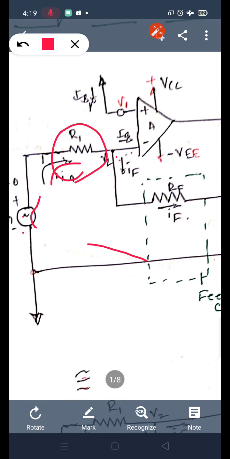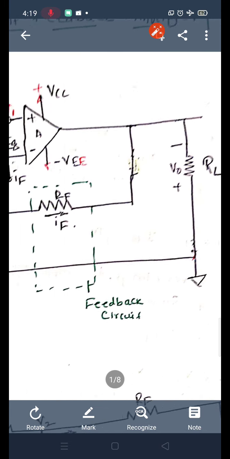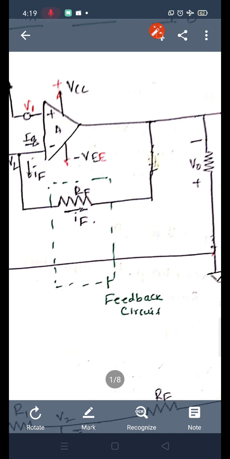Similarly, the feedback current is equal to V2 minus V0 divided by our feedback resistor RF.